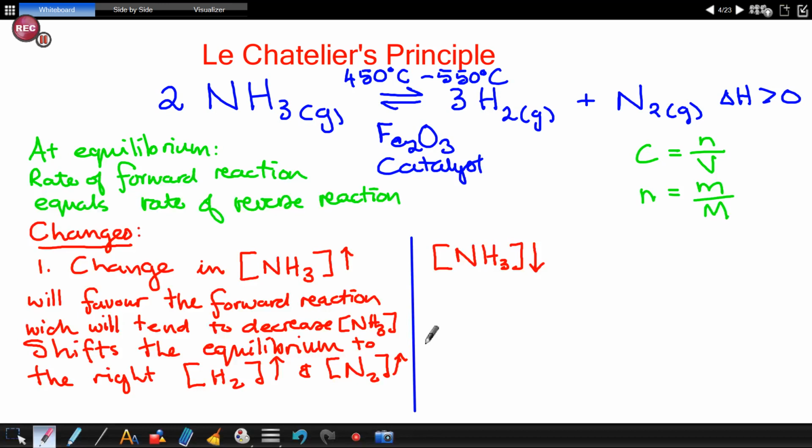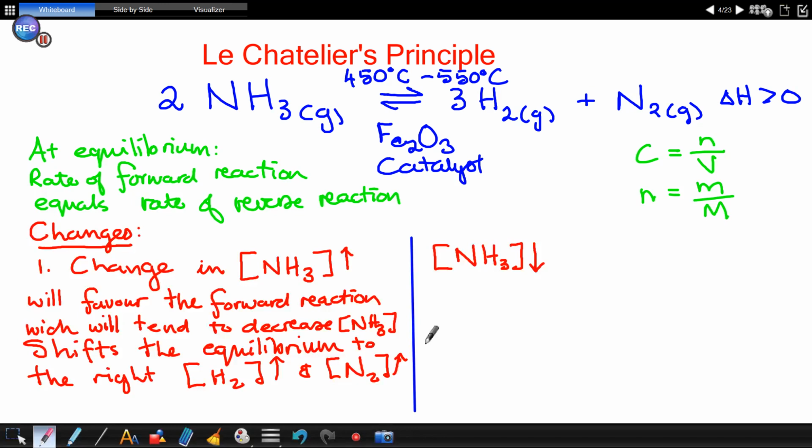So ma'am, once you change the concentration of something, it will go back to equilibrium, but a different equilibrium. It's a different equilibrium, yes. Now you can explain what will happen when you decrease the concentration of ammonia.